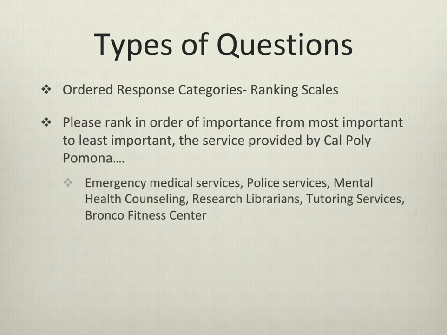Similarly, you might be asked to rank something yourself, what you think is most to least important on a list of items. While these are great questions and a great way to measure things, they're a little bit difficult to analyze using the statistics we're going to cover in this class. So while they're great questions, I wouldn't use them for this particular project.